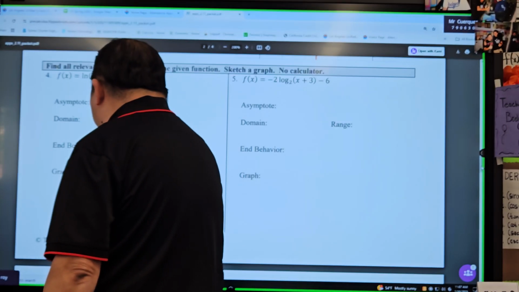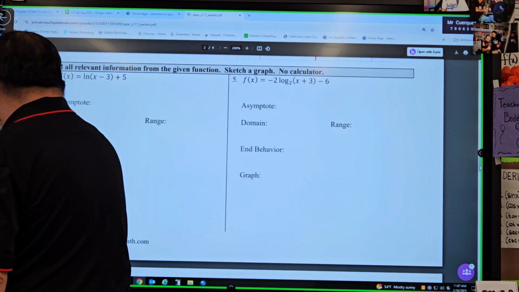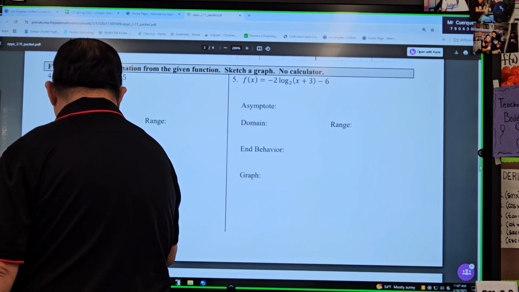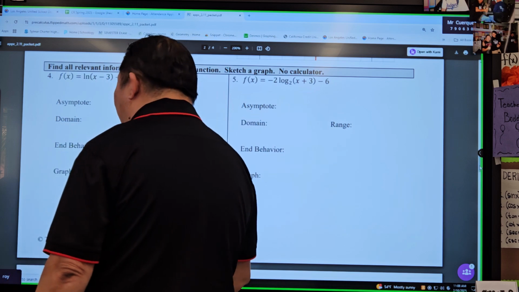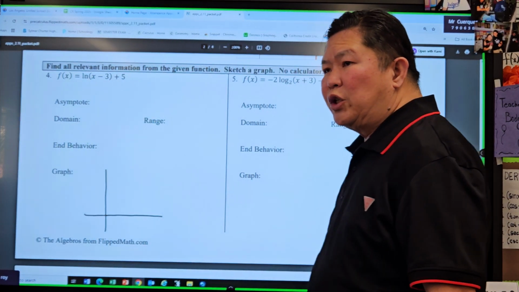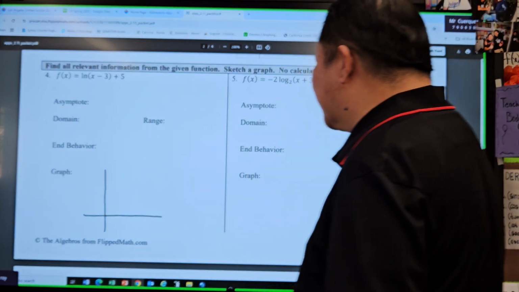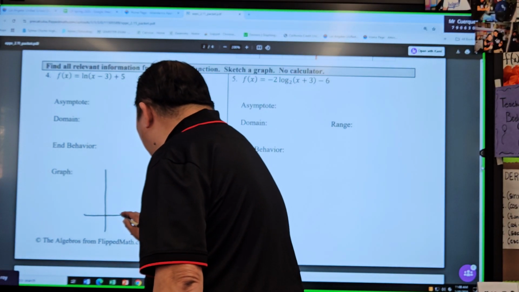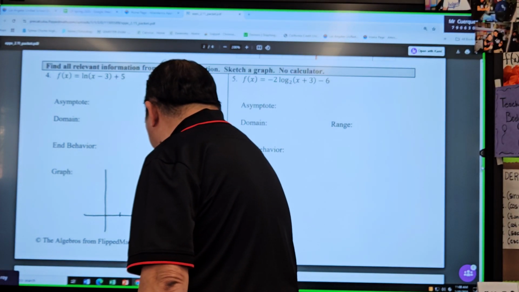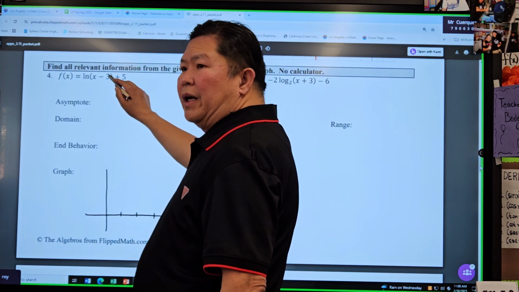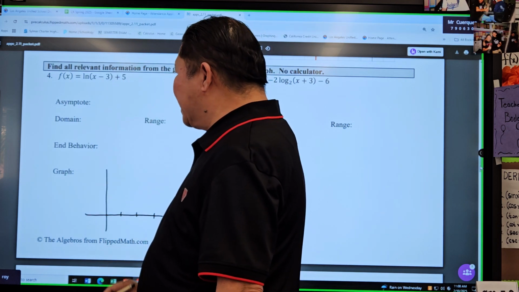So if we graph this one, it's going to be 3 units to the right. So 1, 2, 3. This serves as your vertical asymptote.